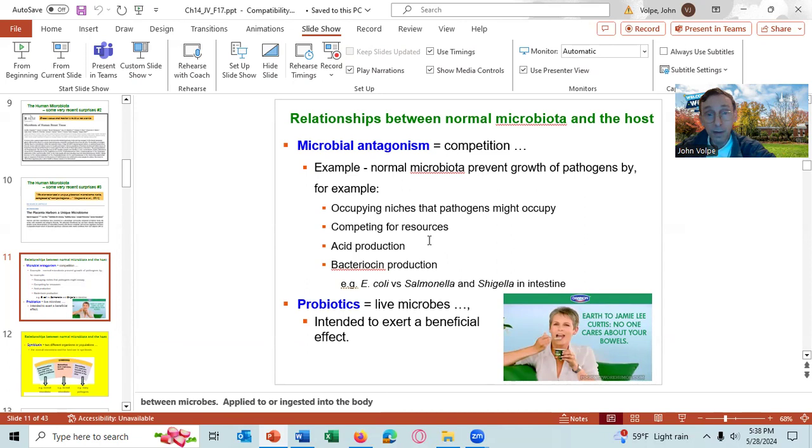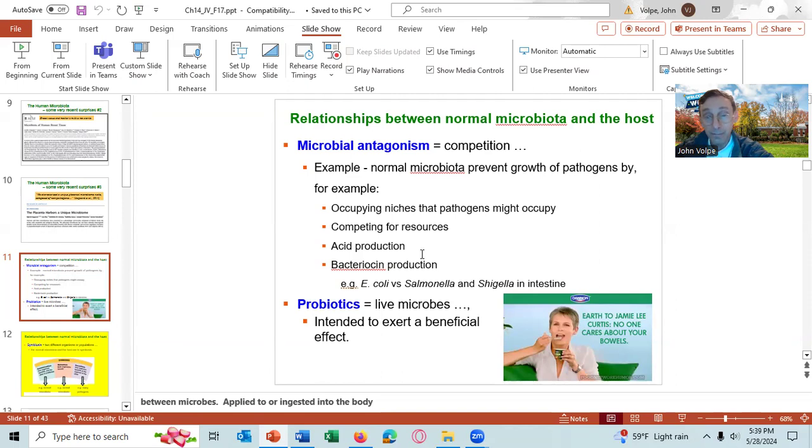The normal microbiota can also produce acids, which can make the environment less hospitable for a pathogen to get established, like the normal microbiota of our urethra, of our mouth, and of our skin make those environments more acidic. That makes the environment less hospitable to a human pathogen.